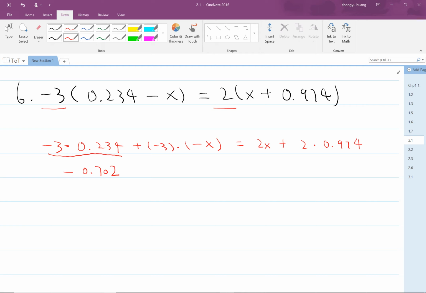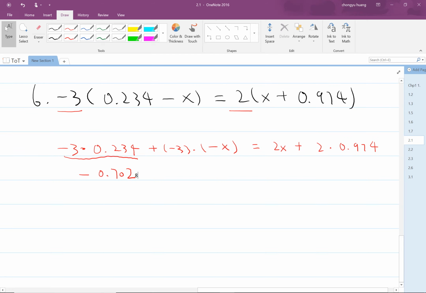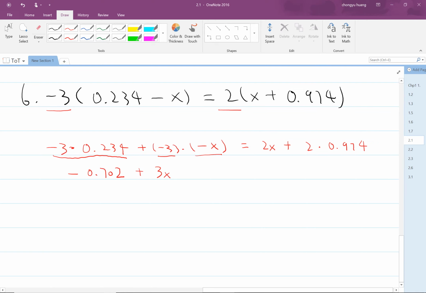And then what we have over here is -3 multiplied by negative x, which is going to be 3x, right? Negative and negative become positive. So it becomes 3x. And then what we have is 2x, and then plus 2 multiplying 0.974.